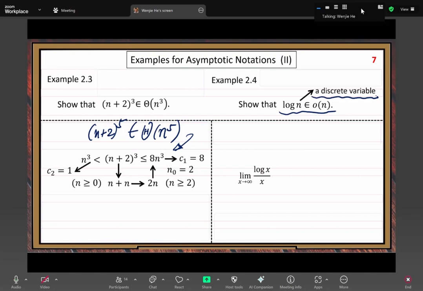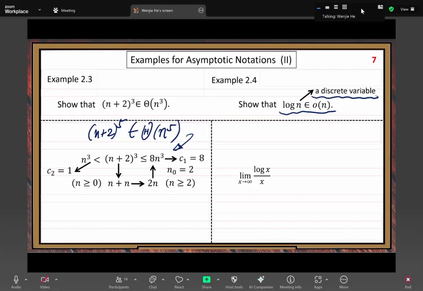Log function, log of x over x. Here, x is a continuous variable, so we can use the derivatives of both functions. In order to apply L'Hopital's rule, we also need to check if the ratio is an indeterminate form.